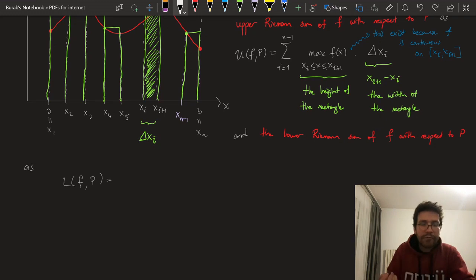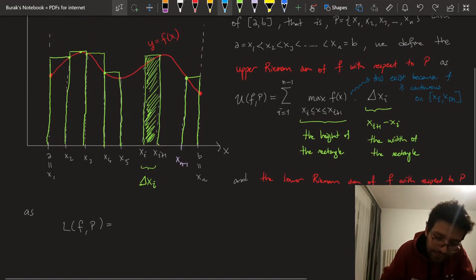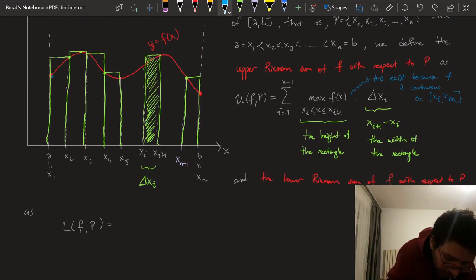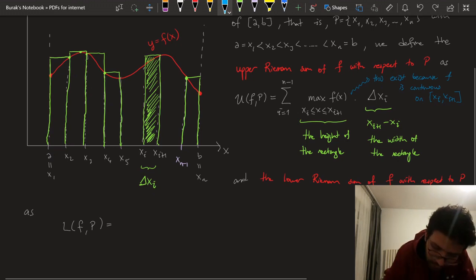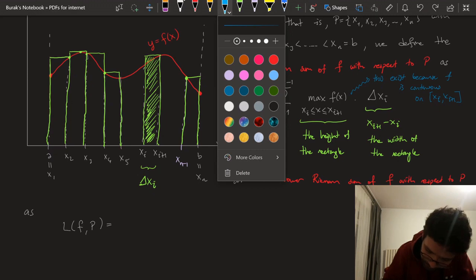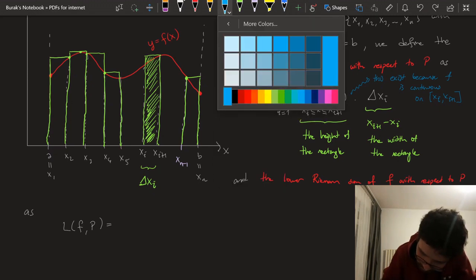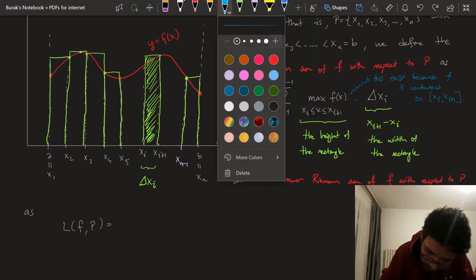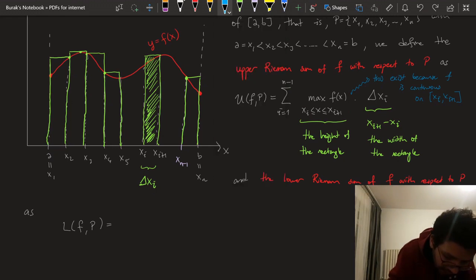What I'm going to do this time is for each interval I'm going to find the point which makes this function take its minimum value. So for the first rectangle, it's over here. This is the minimum value of the function over here. For this one, it's over here. It's this rectangle. And for this one, this point gives me the minimum possible value.